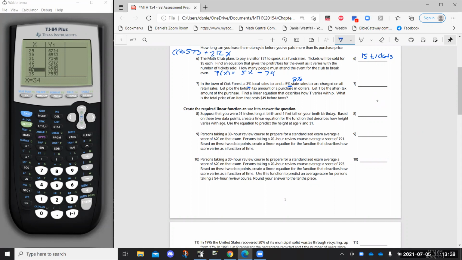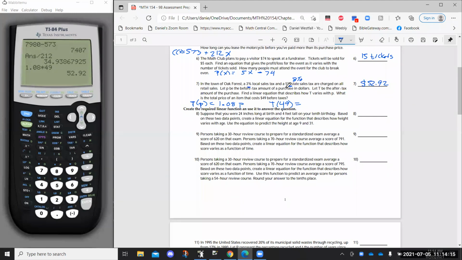So it tells you to find the function T of P. The T is the output, P is the input, and you want 108% of P. Then they want to ask you, what does something that costs $49 before tax, what do you pay for it? So that's going to be 108% of $49, which is $52.92.